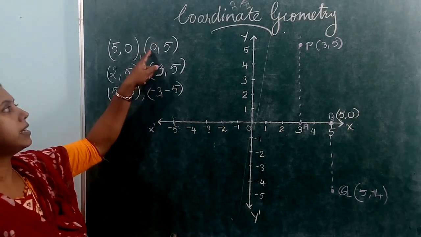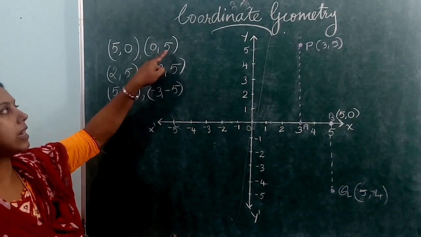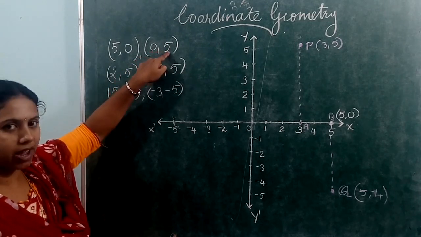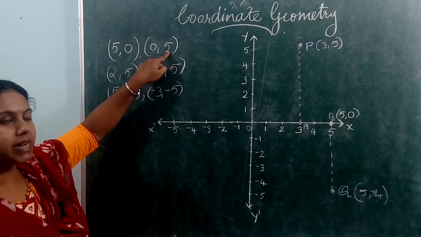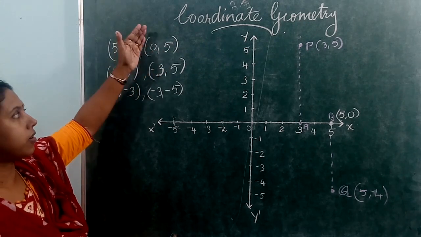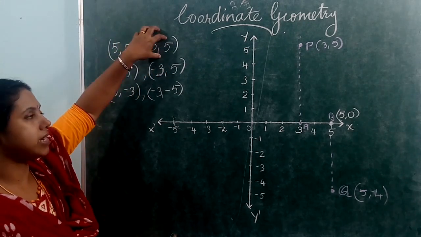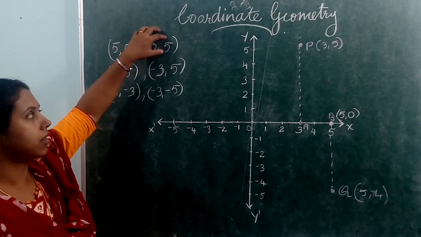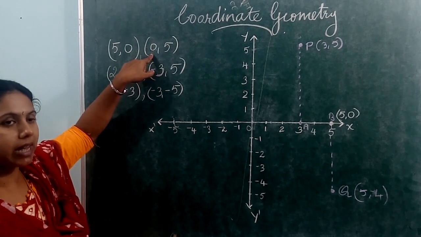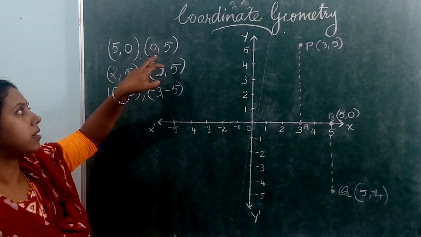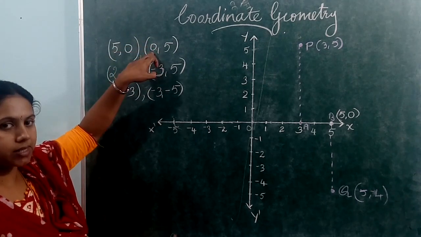Next, 0, 5. Here the x coordinate is 0, y coordinate is 5. X coordinate means the distance from y-axis to the point. That means this point lies on which axis? Here x coordinate is 0, that means that point lies on the y-axis.